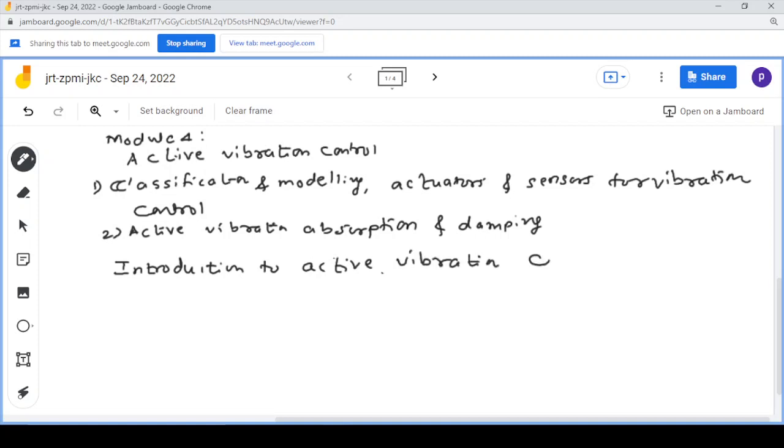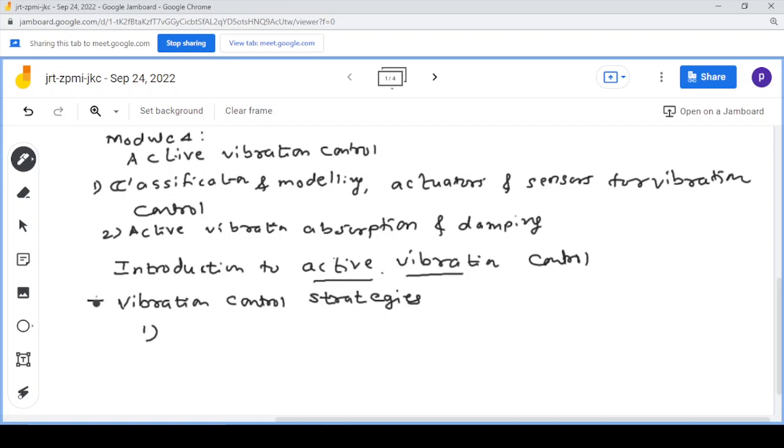First we will look at what we mean by active vibration, right? Active vibration involves the use of sensors and actuators for neutralizing the vibration which is exerted on the system. In this case, we will first look at the existing vibration control techniques for reduction at the different sources, and then we will look at what active vibration is and how it plays an important role in reducing the vibration.